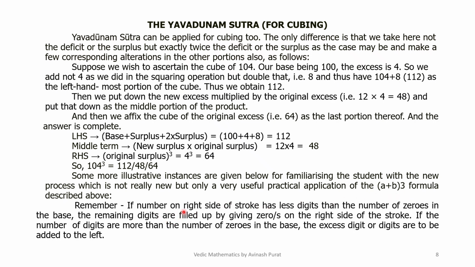Remember, if the number on the right side of the stroke has fewer digits than the number of zeros in the base, the remaining digits are filled up by giving zeros on the right side of the stroke. If the number of digits is more than the number of zeros in the base, the excess digit or digits are to be added to the left.